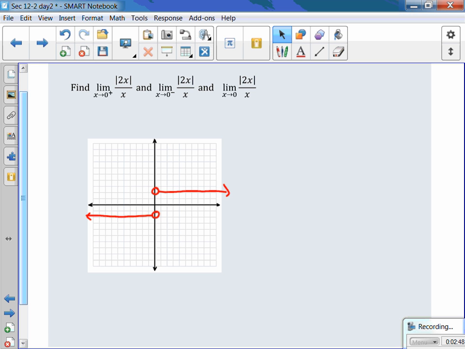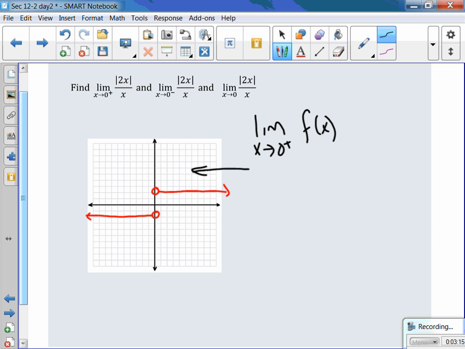So for this first one, the limit of f of x as x approaches 0 from the right. What do we get? We're coming from the right, so that means we're using this side over here.